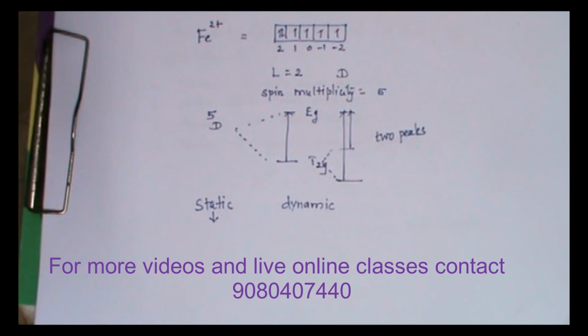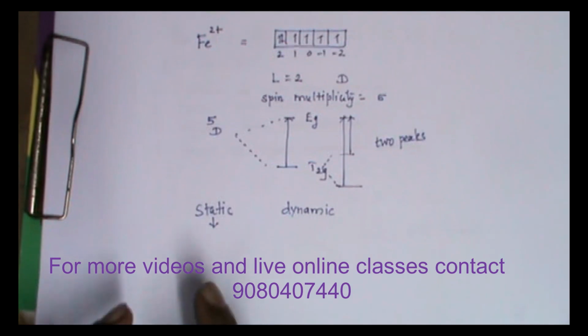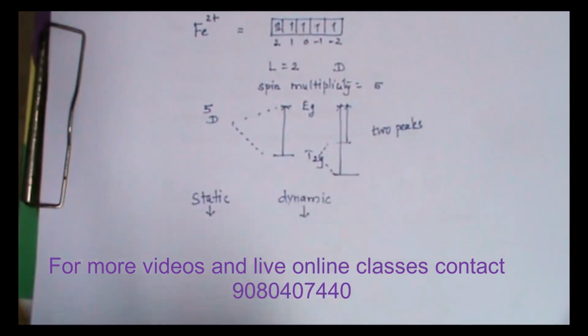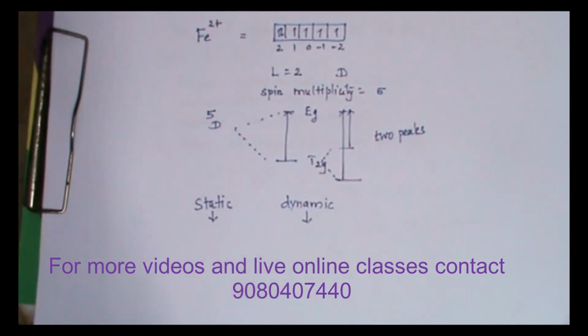But when you go for Jahn Teller distortion, it is called tetragonal distortion. The z-axis will be somewhat longer or shorter than x and y. If you are able to measure the elongation or contraction of the z-axis, that is referred to as static Jahn Teller distortion. Say you are not able to measure that, say it is a negligible amount or it is continuously changing, that time it is referred to as dynamic.